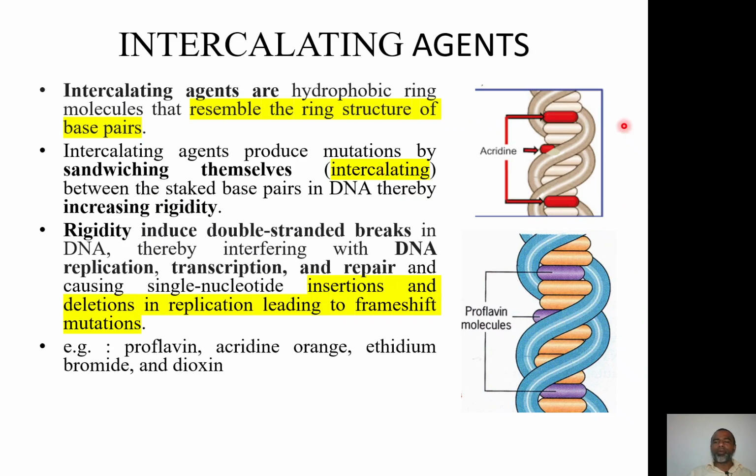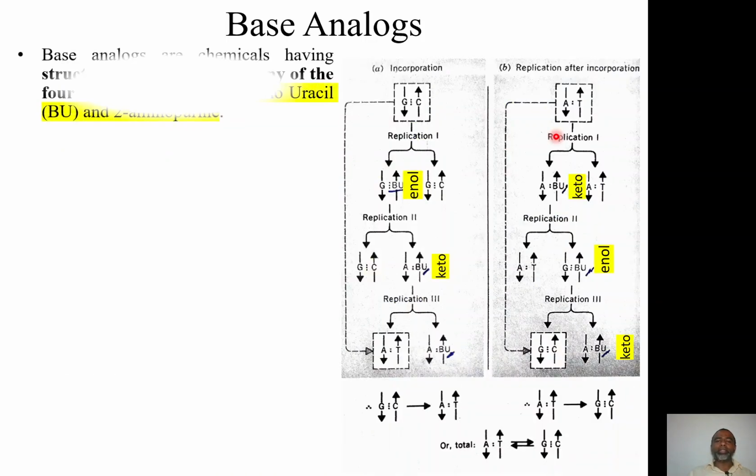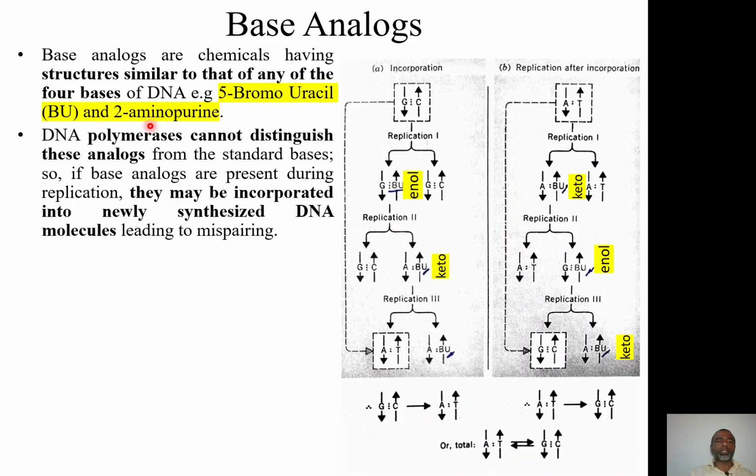The intercalating agent was inserting itself between the two base pairs, but the base analog will basically pair with the normal base, because its structure is similar to the normal base. Say, for example, 5-bromouracil is one example and 2-aminopurine is another.